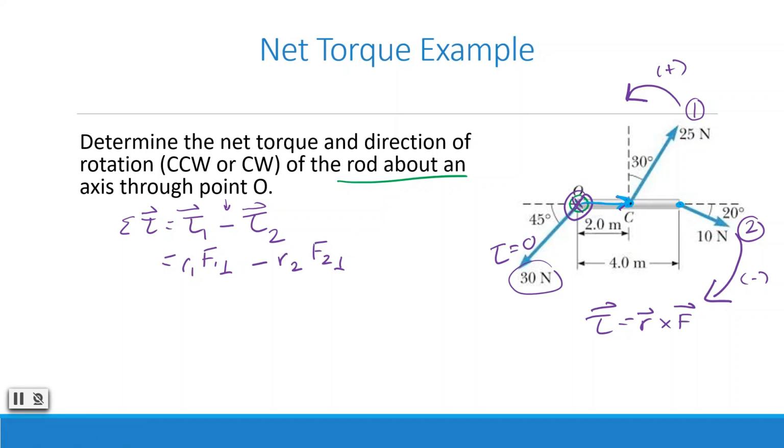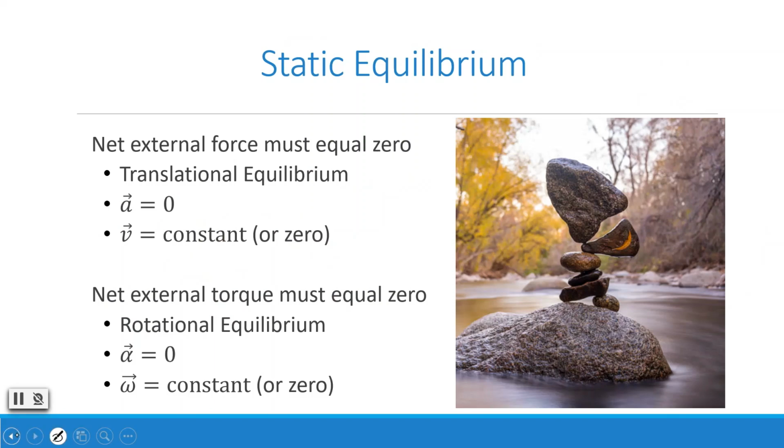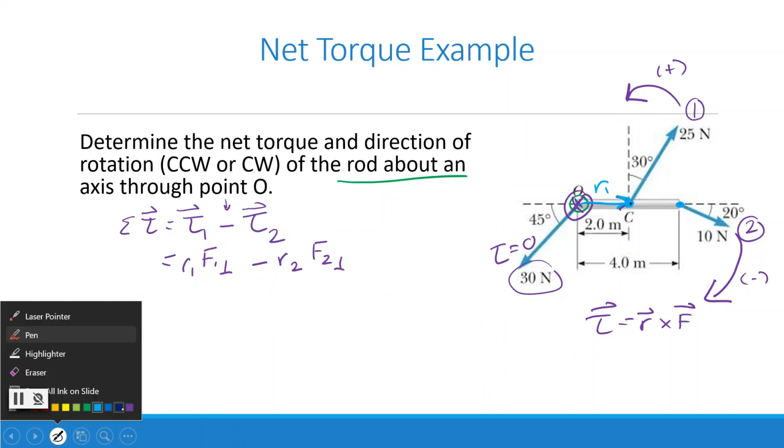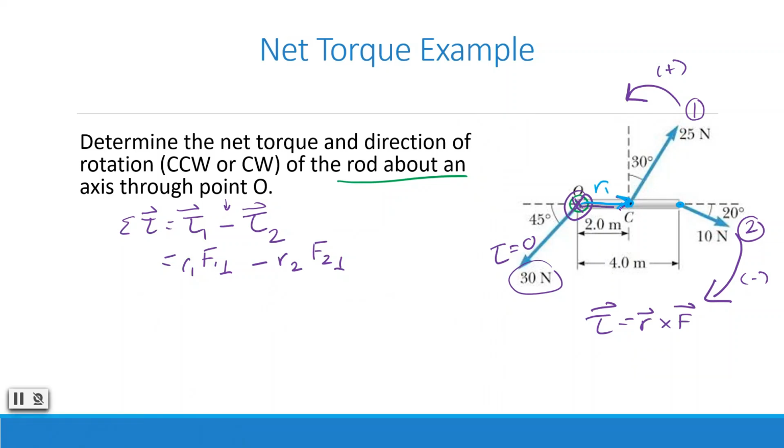So I'm going to draw in R1 for that one, and then R2 there. In this case, it's not a big deal because they give me R1, which is 2 meters, and R2, which is 4 meters.